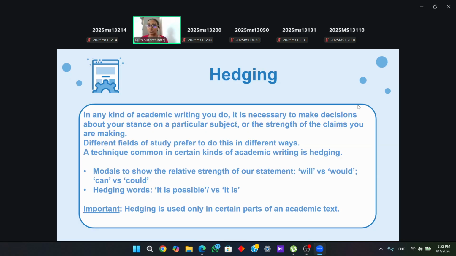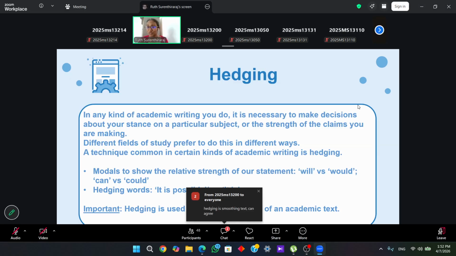For example, after the case study you have done and you have looked at the analysis and all of that, when you're making recommendations, you will have to use the word should: they should do this. That means you're suggesting very strongly that they take this action. But we can't force people to do something, so we say you should, right? Now, if you want to force people to do something, you will say must. Must is also a modal verb. You must do this. That means you don't have a choice.